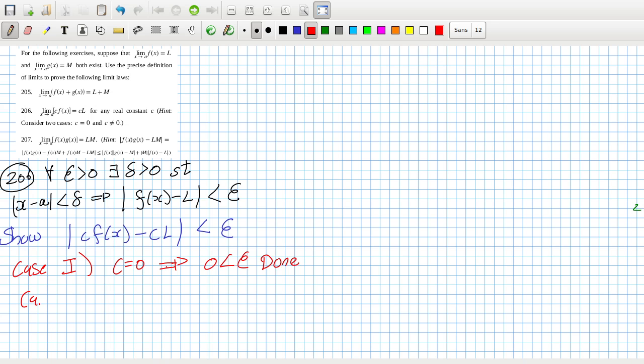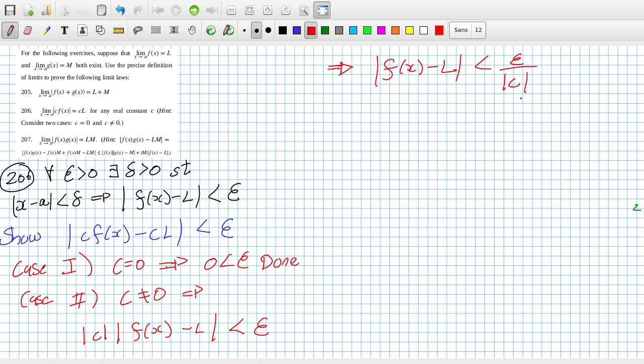Case 2, c does not equal 0. So that means we'll have |c| times |f(x) minus L| less than epsilon. So that means |f(x) minus L| less than epsilon over |c|. Okay, that's okay.